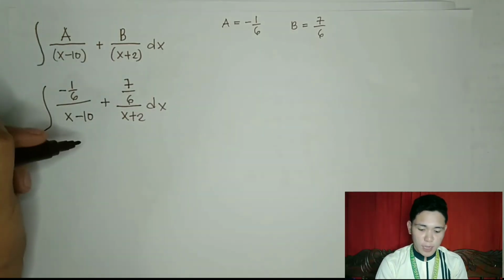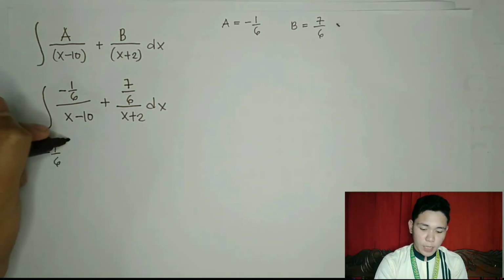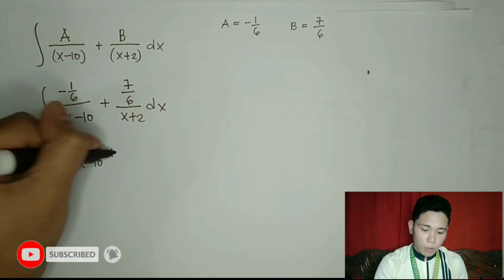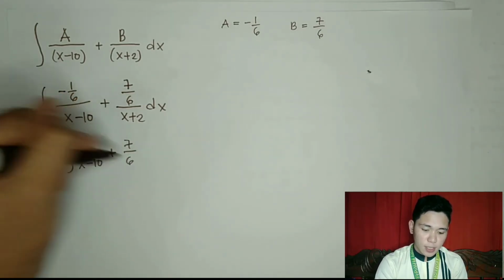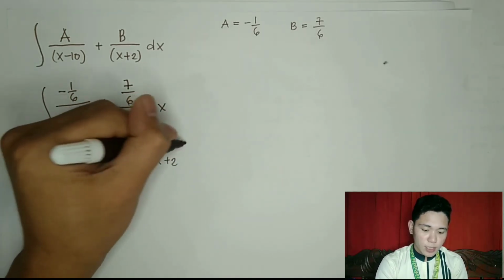Then we move the constants outside, so we have negative 1 over 6 times the integral of 1 over (x − 10) plus 7 over 6 times the integral of 1 over (x + 2) dx.